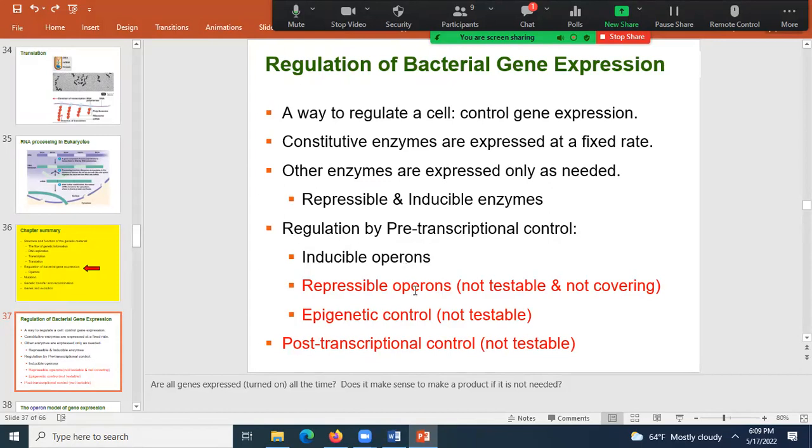In the repressible operon, the gene can be turned off. Okay, we're only going to be talking about inducible operons because we're only going to be talking about the lactose operon, the lactose gene, and it is an inducible gene.